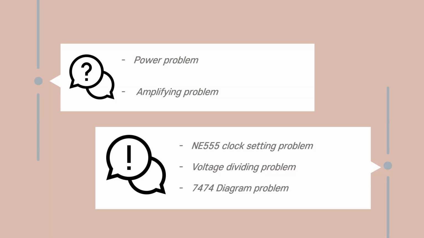Last, we had a 7474 diagram problem. I knew it theoretically, but when we set the initial value of the 7474, we found it difficult. Therefore, the initial value was set by giving the clear input of Q0 to Q2 through the switch and giving the 5 volt VCC so that the sequence 0001 to 0010 to 0100 to 1000 can proceed.